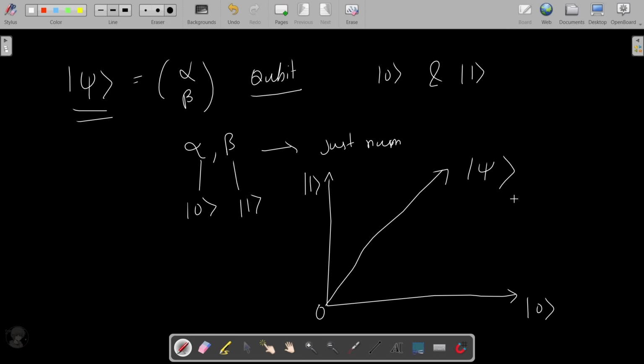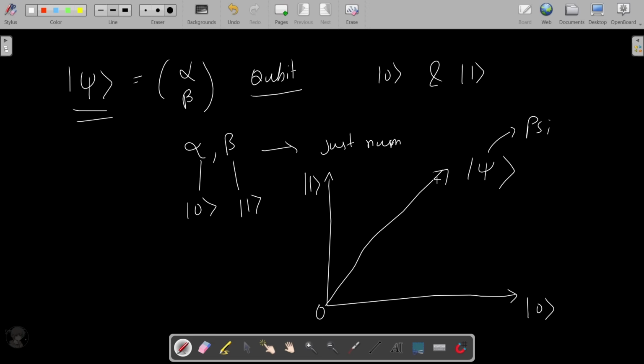So forget quantum for 20 seconds. This is just normal 2D space. Horizontal direction is ket0 and the vertical is ket1. The arrow is our state ket C.